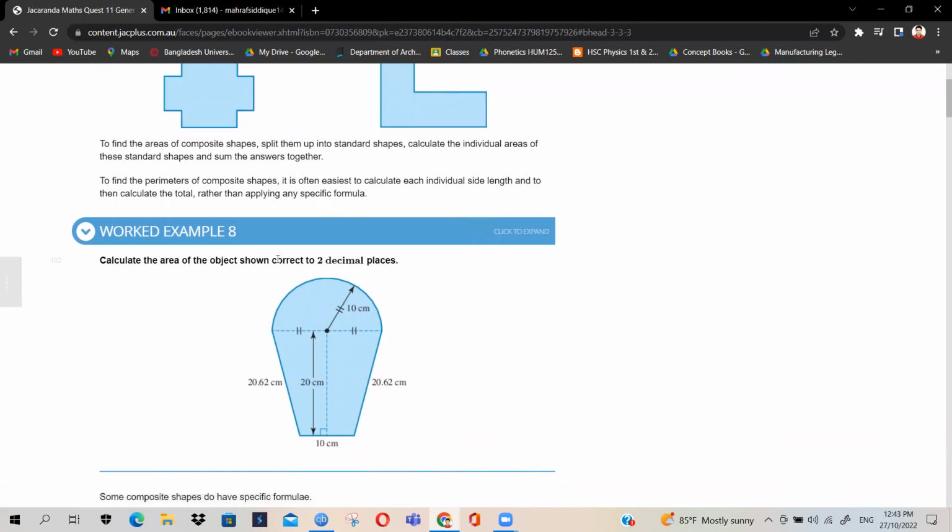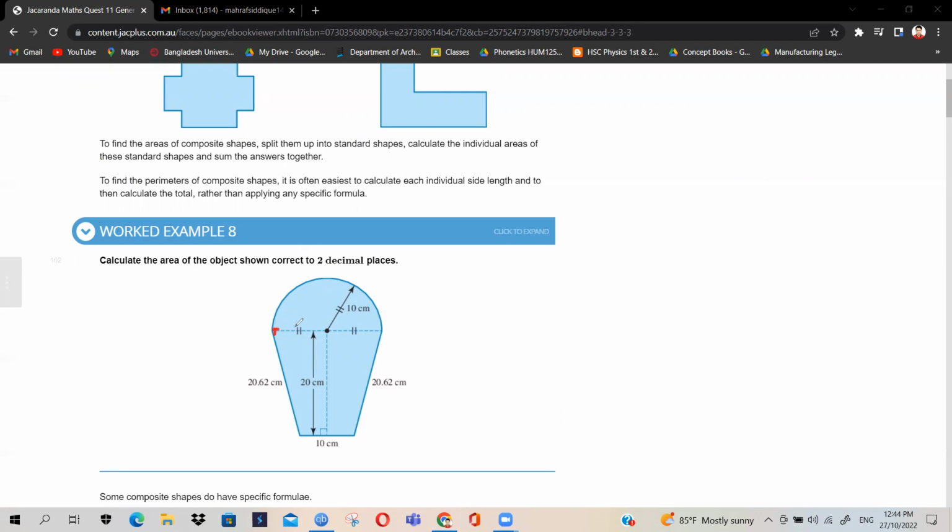Calculate the area of the object shown correct to 2 decimal places. Okay, let's see. Perimeter is very easy, so I don't think there would be questions on the perimeter. First of all, what are the two shapes that you can see in this picture? Trapezium and semicircle. Very good.